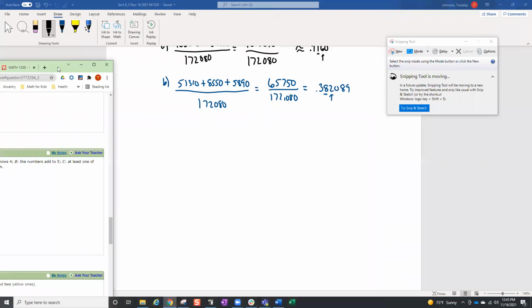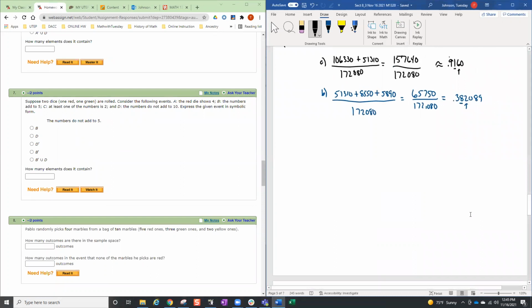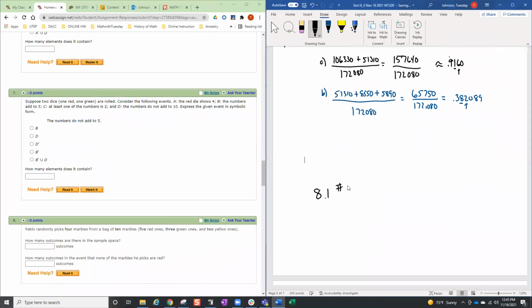Number 7, suppose 2 dice, one red and one green, are rolled. So this tells us they are distinguishable. And we know that there are 6 outcomes on the first one, 6 outcomes on the second die, for a total of 36 outcomes.